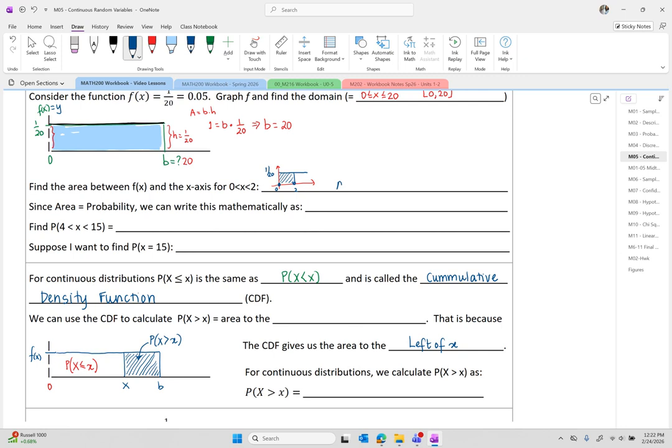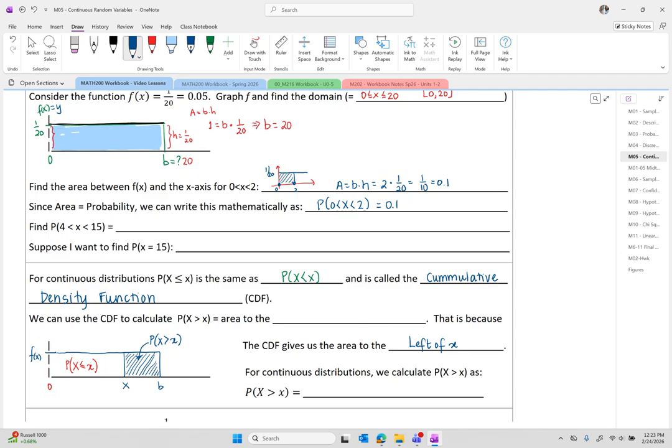So this area will equal base times height, and the base from 0 to 2 is 2, and the height is 1 over 20, so that will be 1 over 10, or 0.1. And since the area is a probability, they are asking us to find the probability that x is greater than 0 and less than 2. That will equal the area from x equals 0 to x equals 2 between the x-axis and the graph. Therefore, that will equal 0.1.